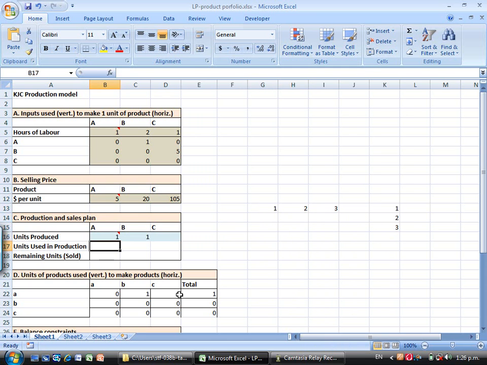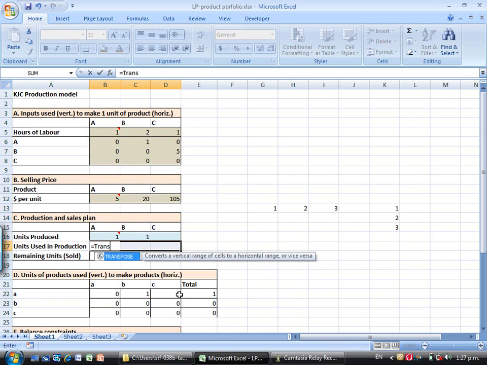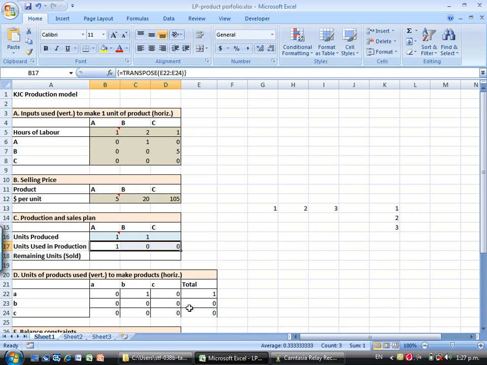Now, the way in which we do it is we highlight the cells where we want the entries in, we type in equals transpose, and then we enter the array that we want, close brackets. Now remember, we have to hit Control, Shift and Enter for a function for an array like this one.